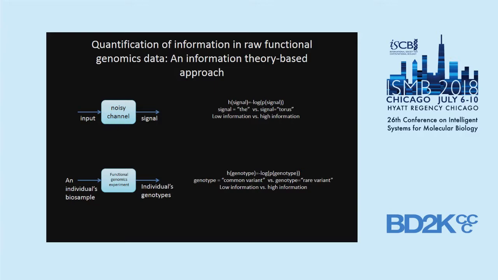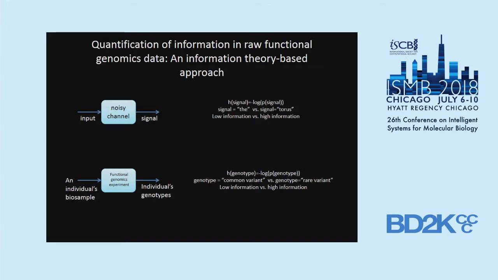A functional genomics experiment is a very noisy experiment where you get these noisy bits of DNA or RNA. You can genotype this sequencing and get variants. If a variant is common, one you can see in most of the population, then you're not learning much about this individual. But if the variant is very rare, one you don't see in much of the population, that means this experiment leaks high information.